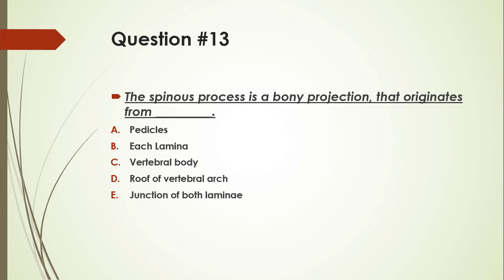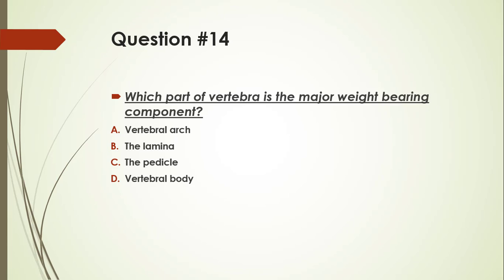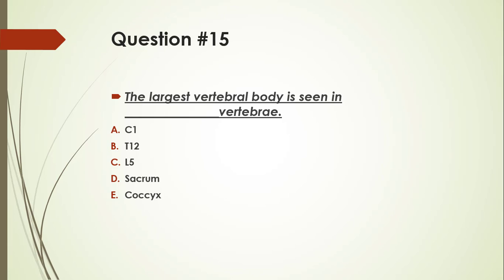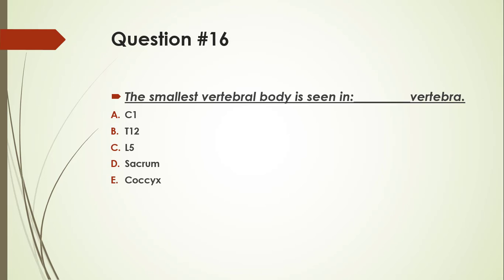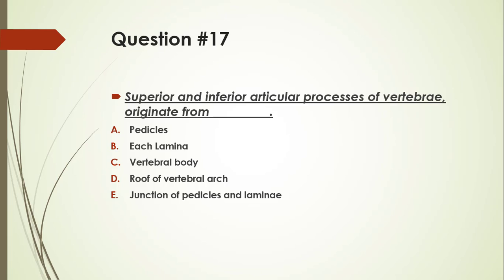Spinous process is a bony projection that originates from. Which part of vertebra is the major weight-bearing component? The largest vertebral body is seen in which vertebra? The smallest vertebral body is seen in which vertebra? Superior and inferior articular processes of vertebrae originate from.